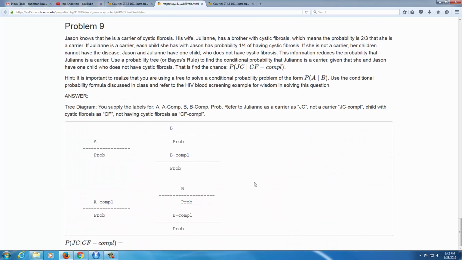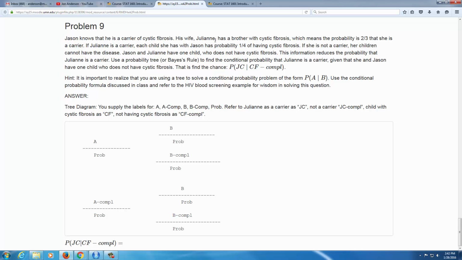Problem 9 is a tree problem. The description here is that we have a spouse, Jason, who is a cystic fibrosis carrier.